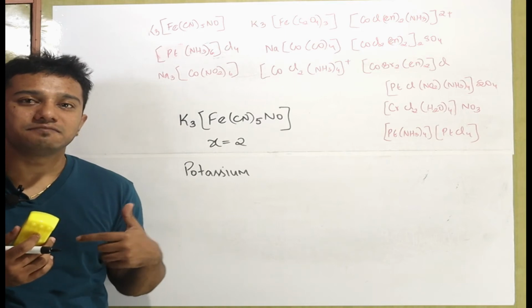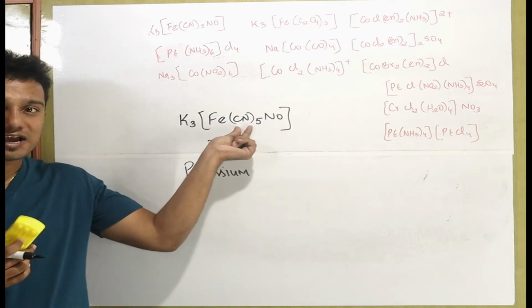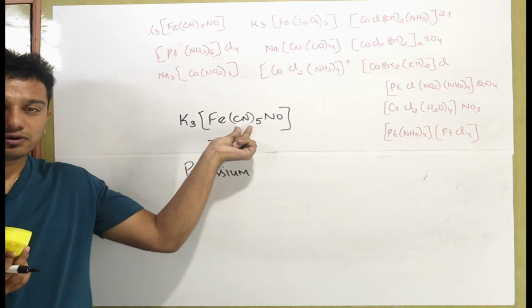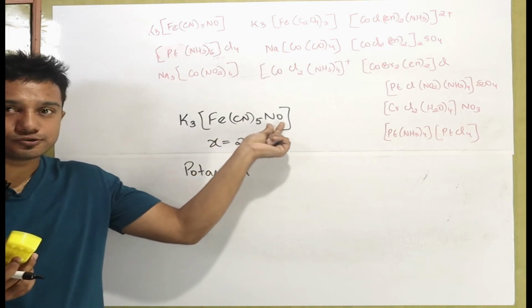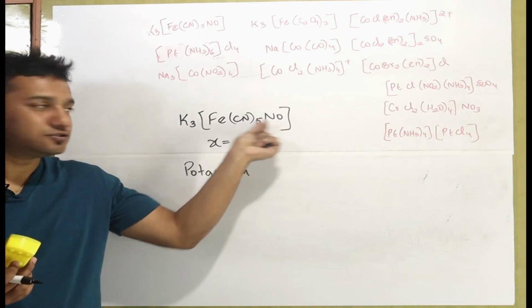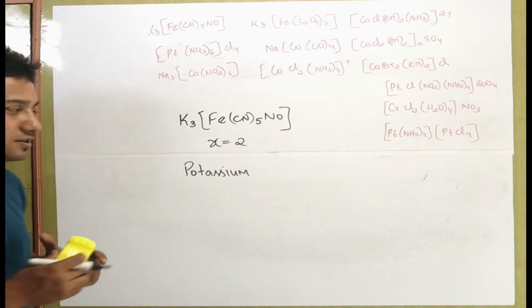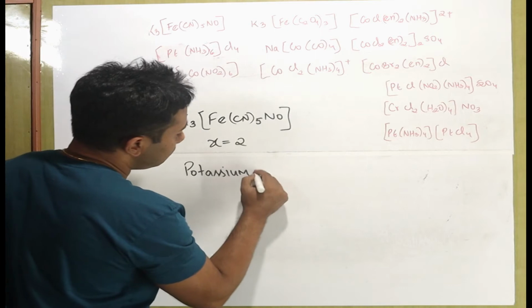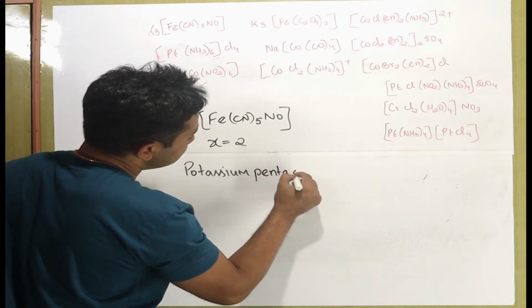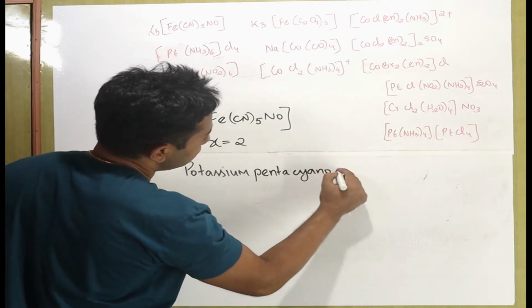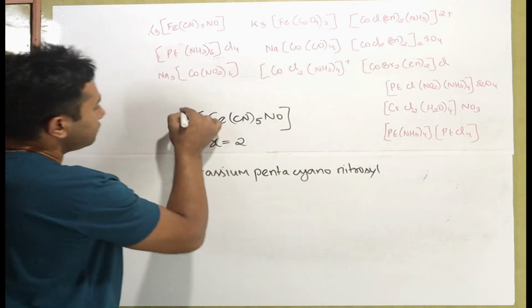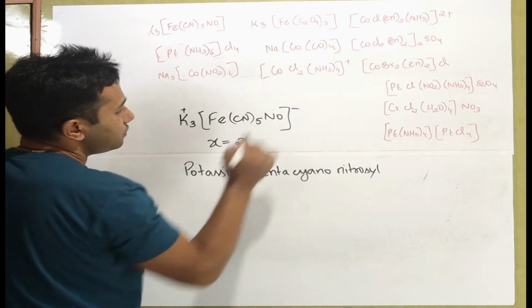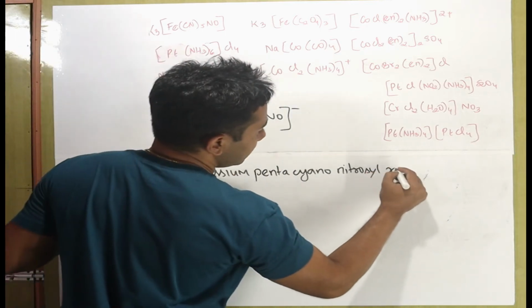Whatever comes first alphabetically, you write first. Cyano starts with C, and nitrosyl starts with N, so we write cyano first. Pentacyano nitrosyl. Now this is positive, so the coordination sphere will be negative, ferrate.